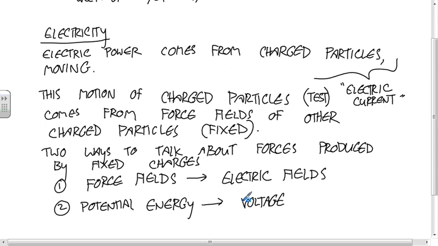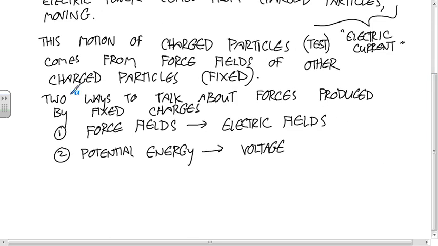Voltage is what makes current go. You talk about the voltage in an electric socket, and if you plug copper wires into an electric socket, that voltage makes current flow through the wire to the light or the device or whatever. Okay. So this is kind of a roadmap of where we're going with this discussion.